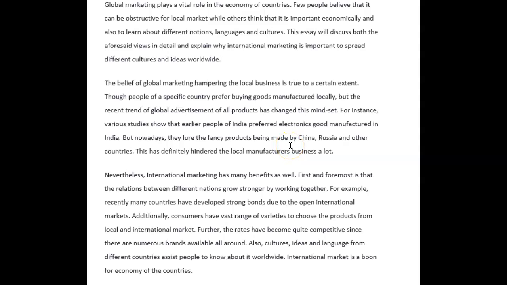Now, what's going on here is that you're not really talking about international marketing being invasive and intrusive. You're simply talking about the market preferring foreign goods. But where did you say that the businesses find it invasive? The citizens of the country find that this kind of invasion of foreign cultures is intrusive and might be changing the culture of the country.